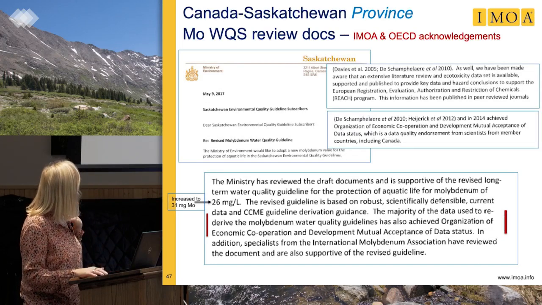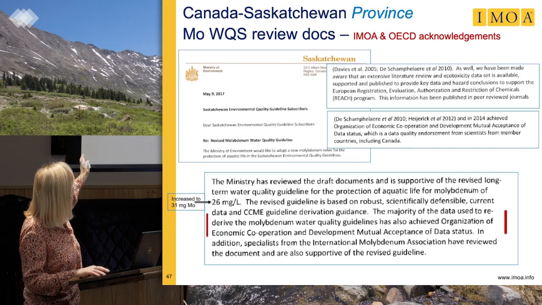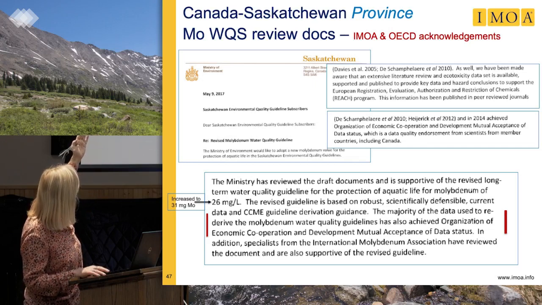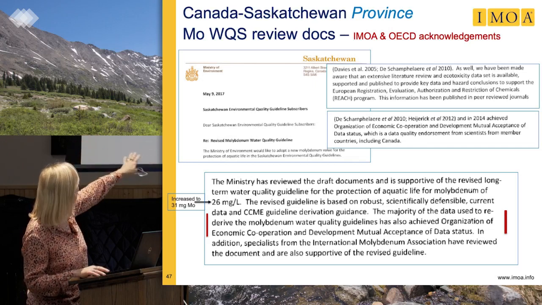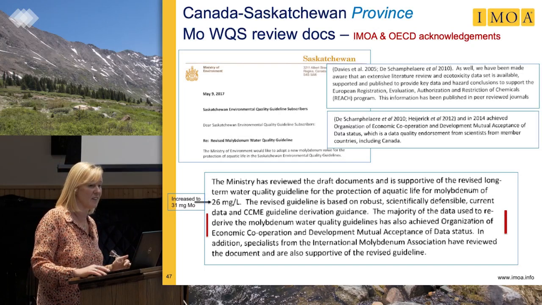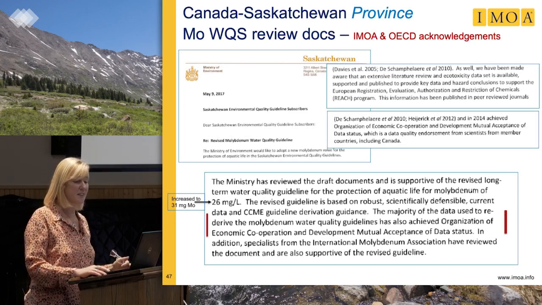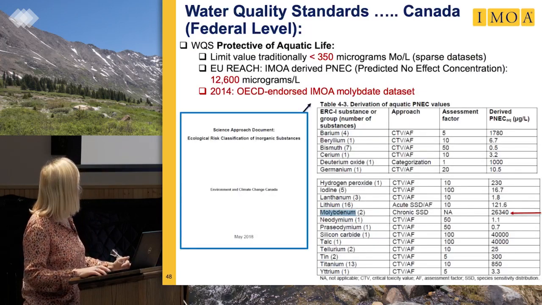So if we look in a moment at the federal level, we'll tell you what's happening there. But that's just a slide that gives you an indication that in that process, they also recognized OECD mutual acceptance of data. And that is one thing that they found as a big reason to be confident in the data that they were making their assessment on.